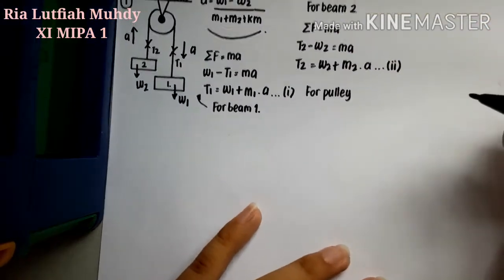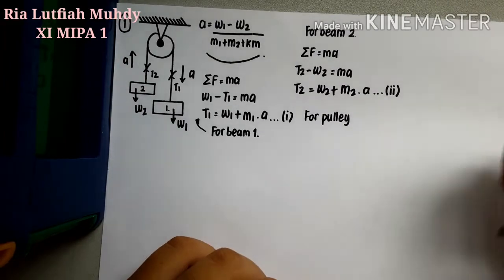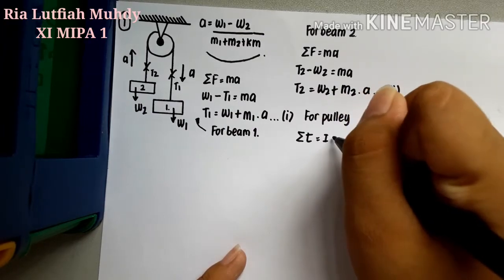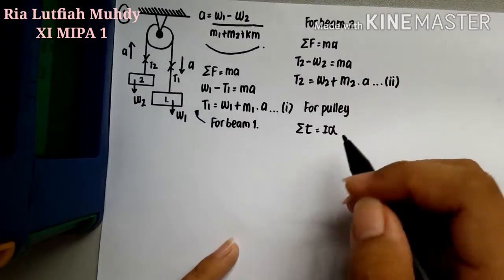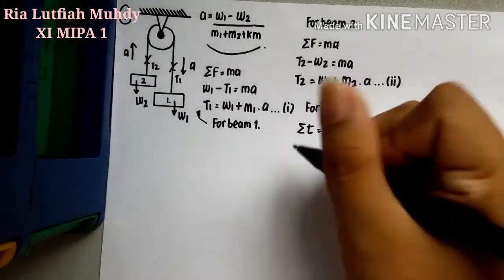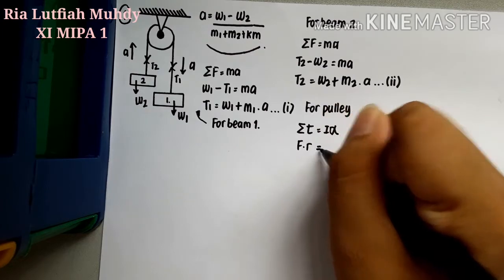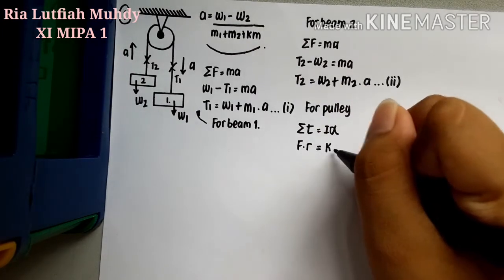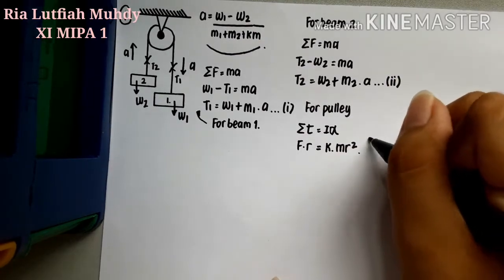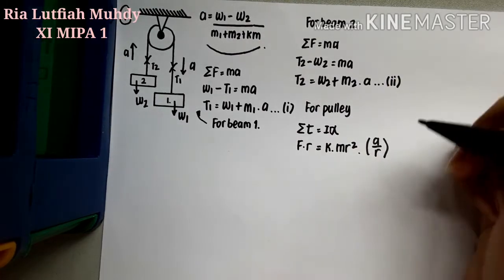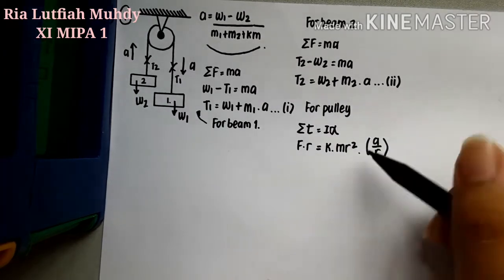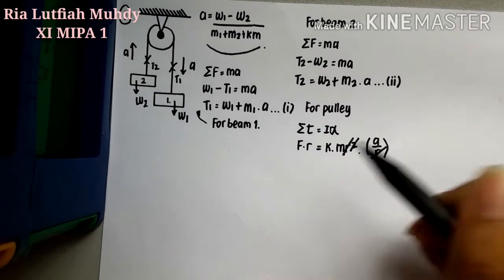For the pulley, because the pulley is in rotational motion, we can write sigma tau equals inertia times angular acceleration. As we know, sigma tau equals F times R. Inertia equals K times m r squared, and the angular acceleration is a over R. In these equations, we can eliminate the R, so cross this one, this one, and this one.